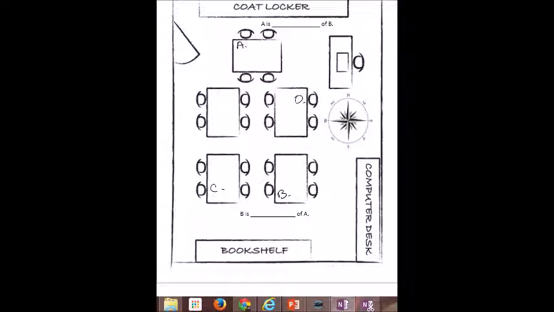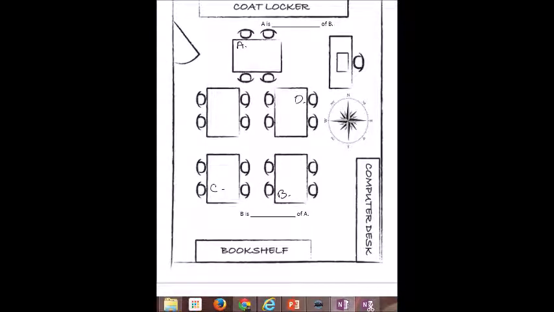So if we look at this sentence here, from B, where is A? From B, A is in this direction. If we were to just pick up the arrow and put it on our compass rose, we would notice that it is pointing in the northwest direction.